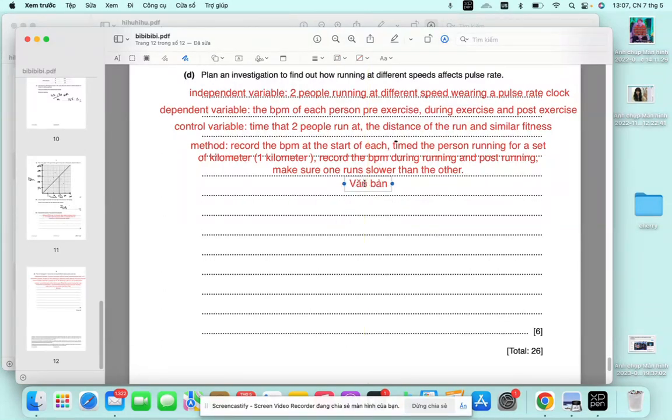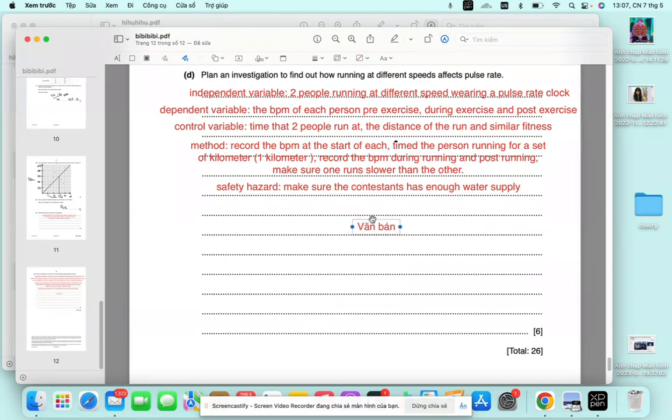We would have, as any investigation, a safety hazard. We have to make sure they have water. Make sure the contestants have enough water supply so they won't dehydrate.